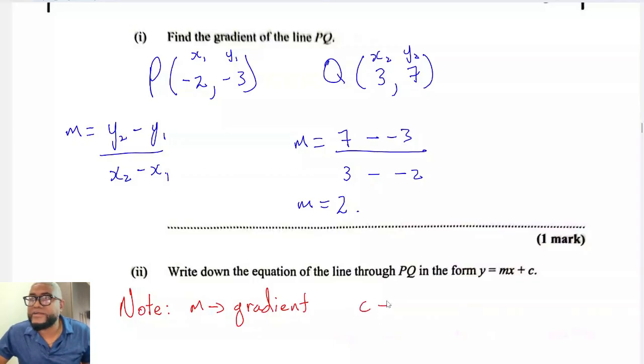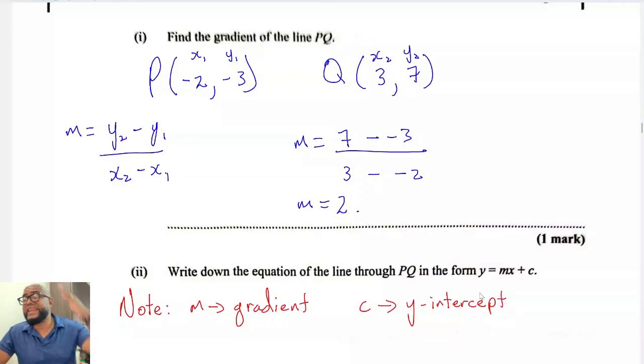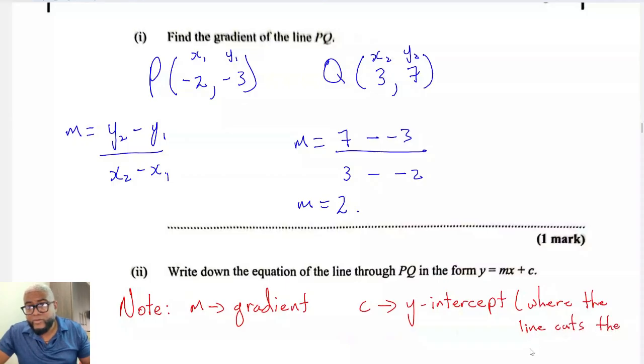C, what is C? Y-intercept. This is where the line is cutting the y-axis. That is what your y-intercept is.